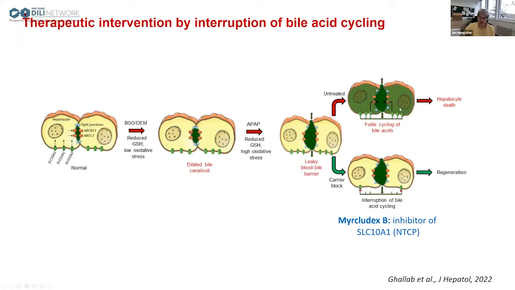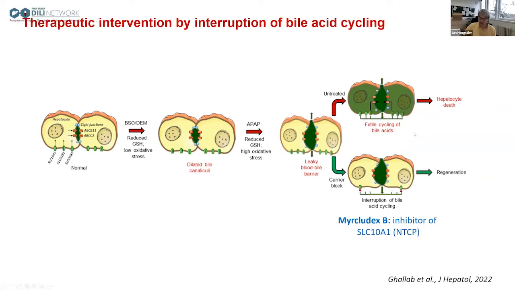So by having now studied the extent and relevance of these increased intracellular bile acid concentrations, we next ask the question: if we interrupt or block the uptake of bile acids, should this then not have an influence on hepatotoxicity?